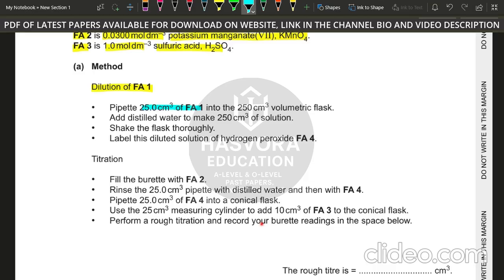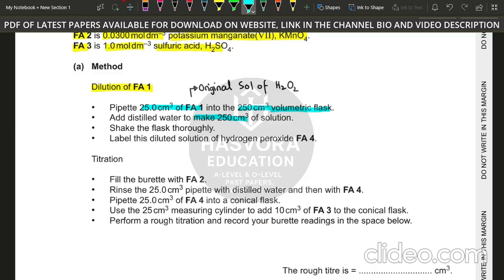This Fa1 is your original solution of hydrogen peroxide, and you are taking 25 cm cube of this original solution and moving it to a 250 cm cube volumetric flask, and then adding distilled water to make up to that mark of 250 cm cube of solution. So you are adding water to it, actually diluting it.